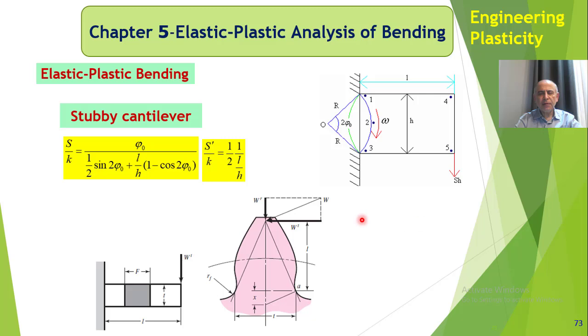This example is very intriguing for me and interesting. I'm very interested in this example because it reminds me of the design of gear teeth, for spur gears. If you remember, this is our spur gear, the tooth of a spur gear, and we said that the load is applied at the tip of the tooth, and we have the radial load and tangential load.